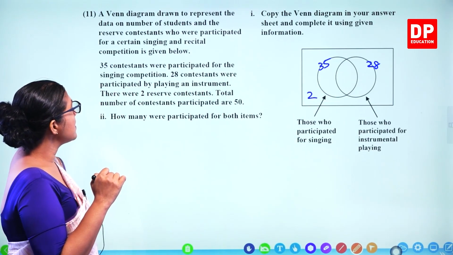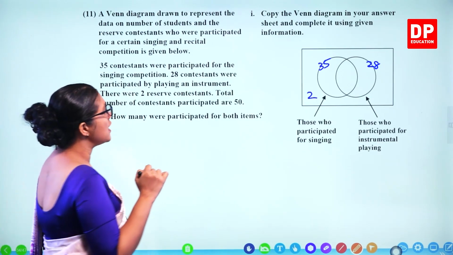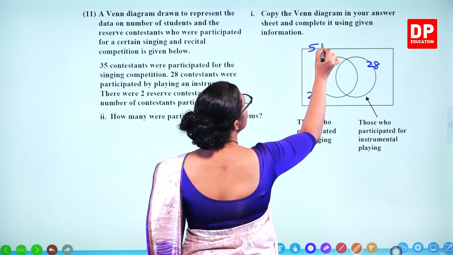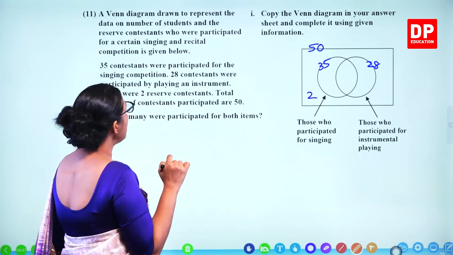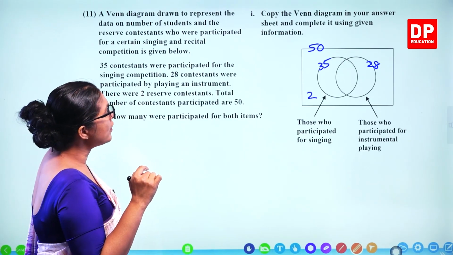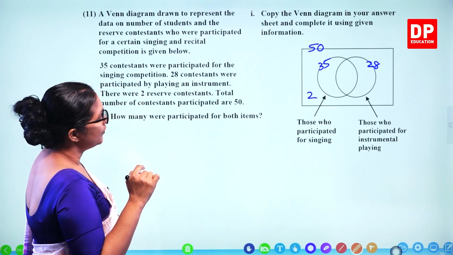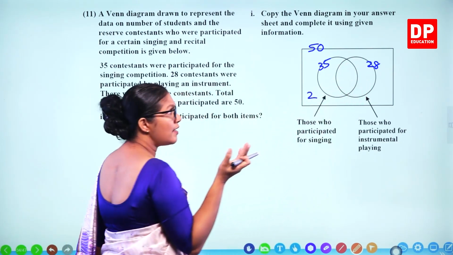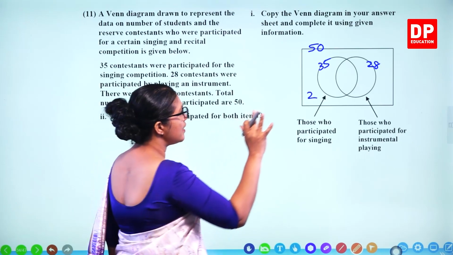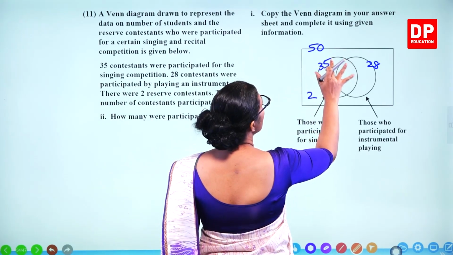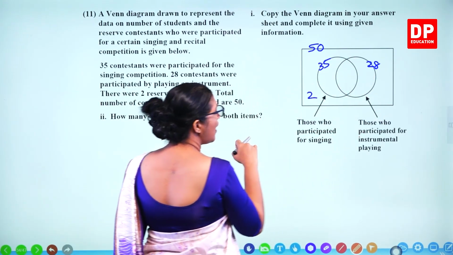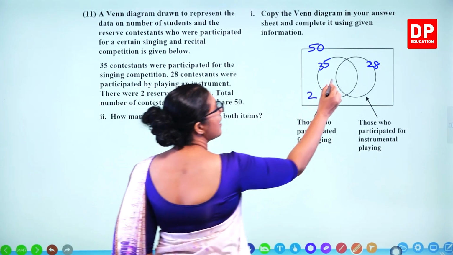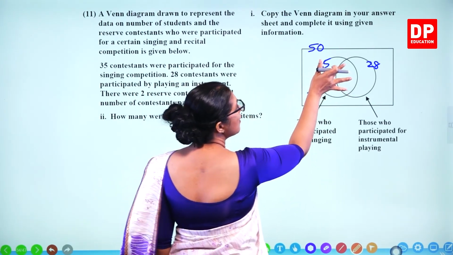The total number of contestants who participated is 50, so that means 50 is here. How many participated in both items? That means you have to find this part. You can find it easily by closing this, or you can find it using X. First we'll close this one.